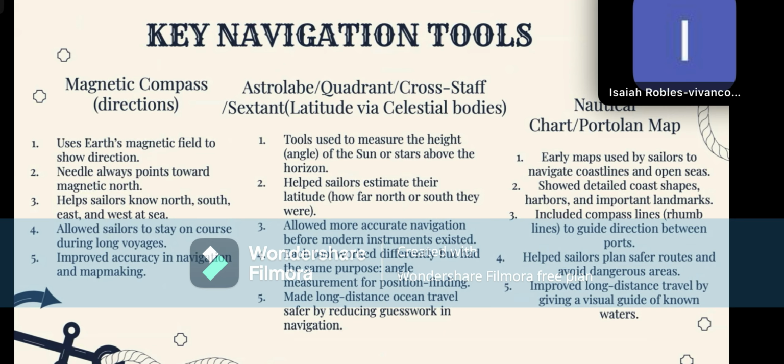They also used the astrolabe, cross staff, and sextant, and those are just a few of them, but we're really going to be focusing on the sextant. It allowed for more accurate navigation, made long distance travel safer, and reduced guesswork. They all had the same purpose of helping in long distance travel.